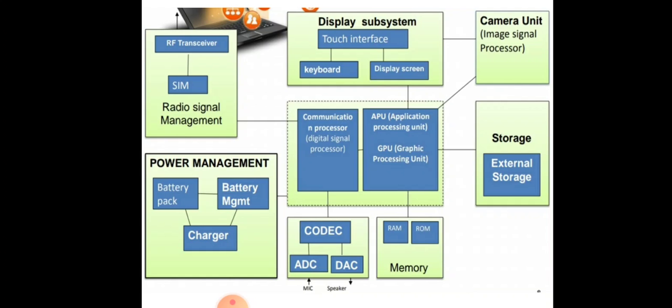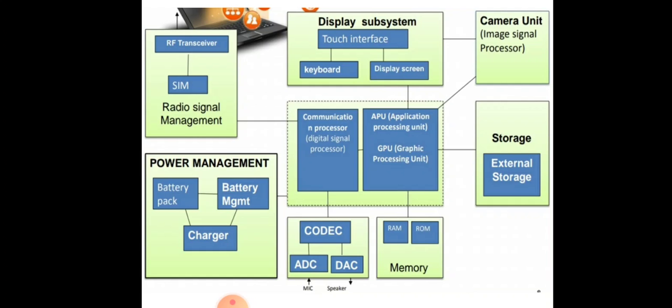And this radio signal management unit is responsible for connecting the SIM, subscriber identity module, to the base station through radio signals. And then audio subsystem, this subunit converts the voice signal into digital signal and vice versa.